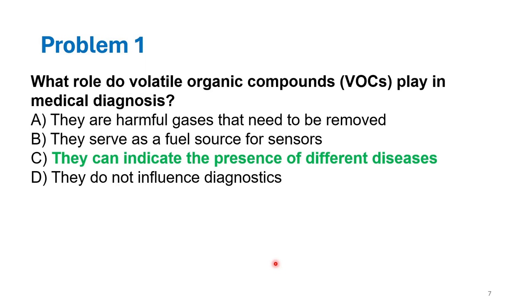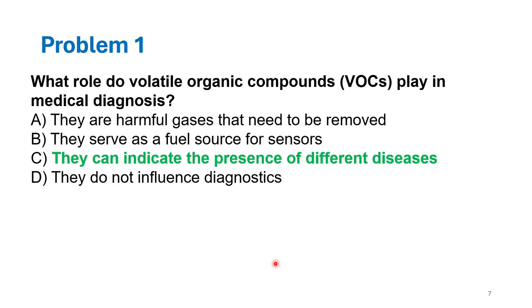These volatile organic compounds are emitted from the human body, so they can act as markers for the health condition of a person. So they can be used to indicate the presence of different diseases.